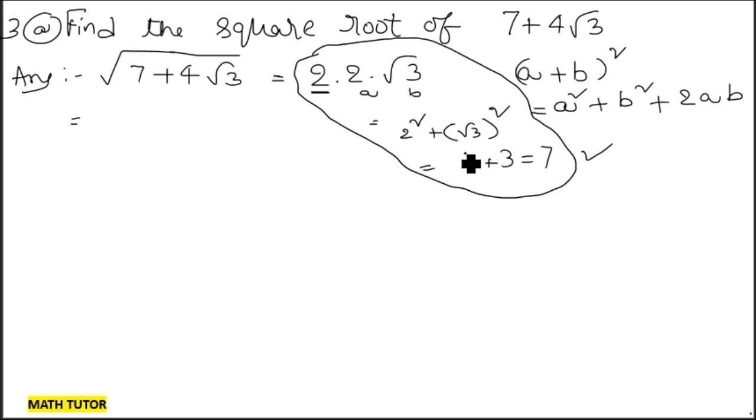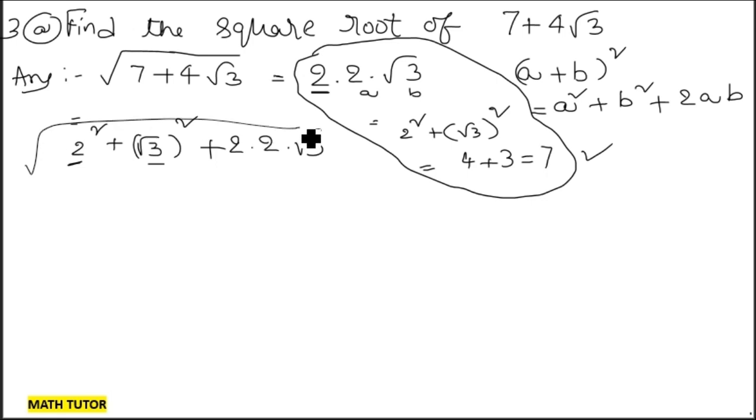This is only for rough work. Okay, let's start over. So here I'm writing 2 square plus root 3 whole square plus 2 into 2 into root 3, where A is 2, B is root 3.